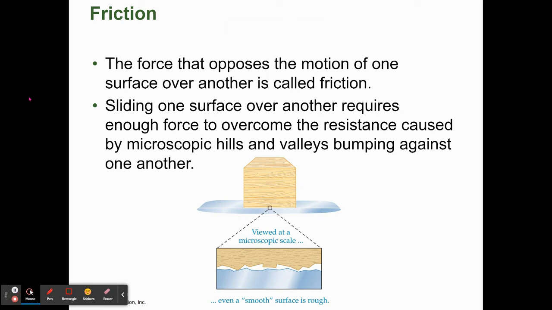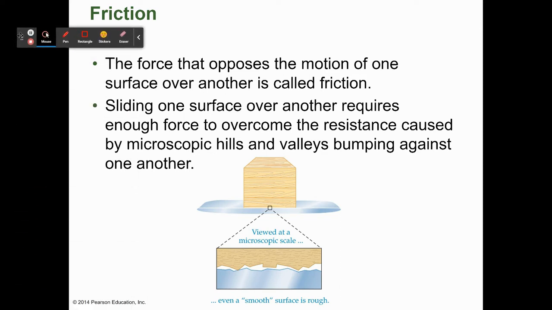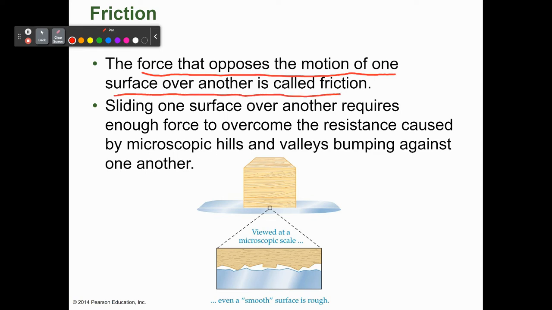If you think about the definition of friction, we sometimes use that in our everyday language. If there's friction between two people or something like that, that kind of goes along with the definition we use in physics, that the force that opposes motion is called the force of friction.